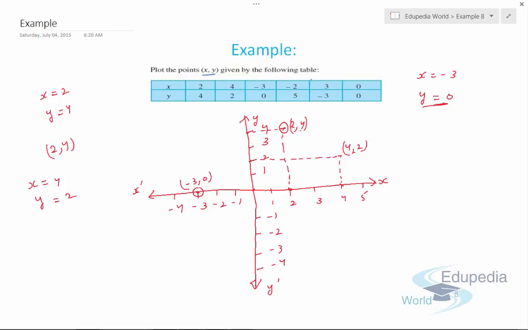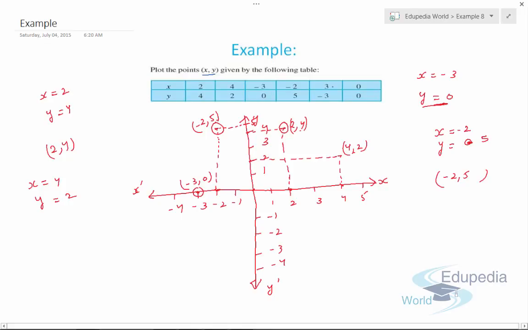Now the fourth point is x is -2 and y is 5. So x is -2 and y is 5. We can mark 5 over here. So we draw a dotted line like this. So the point becomes -2 and 5.